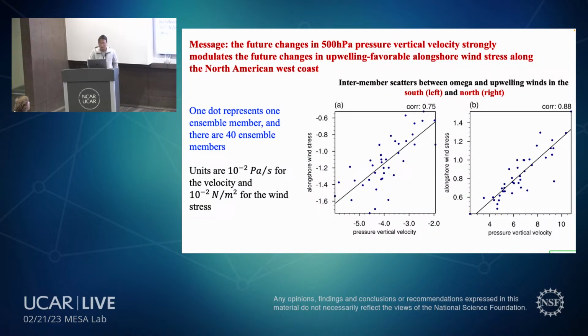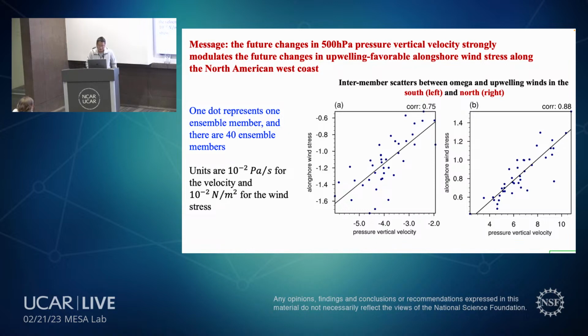Okay, this one is the last one. This one is the inter-member scatter plots between 500 hectopascal pressure vertical velocity on the x-axis, and upwelling favorable longshore wind stress on the y-axis, in the south and north. We can see in the south the correlation is very high.